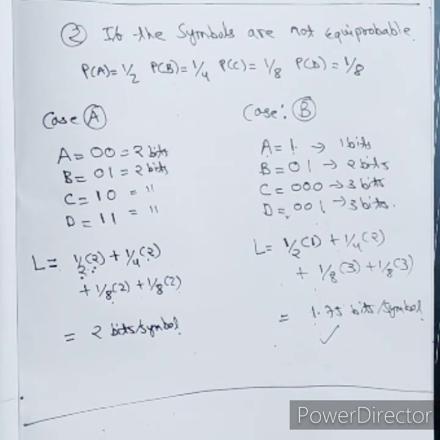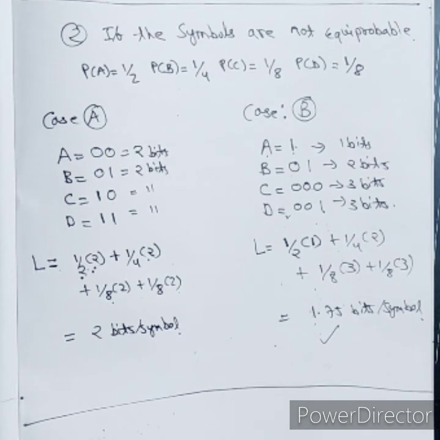So basically, if a particular symbol has a high probability of occurrence, we will try to encode it with fewer bits, and if the probability of occurrence is low, we will try to encode it with more bits, which will automatically decrease my average code word length.